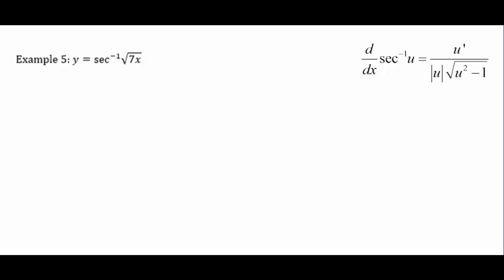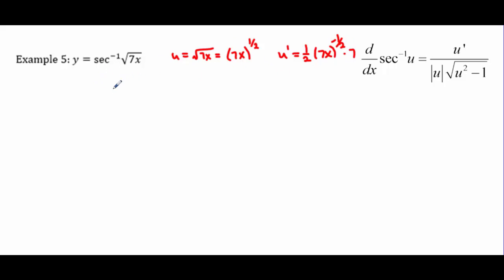Example 5. Inverse secant of square root of 7x. So u is square root of 7x. For u prime, we're going to have to switch this to 7x to the 1/2 and then use the chain rule. So u prime is 1/2 times 7x to the negative 1/2 times the derivative of the inside, which is 7. So if I rewrite that, that's going to be 7/2 times 7x to the negative 1/2.